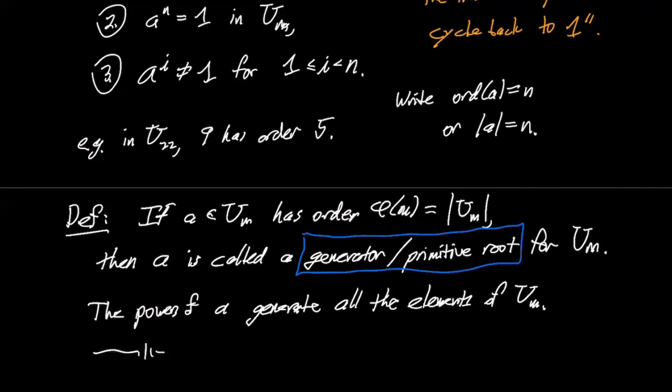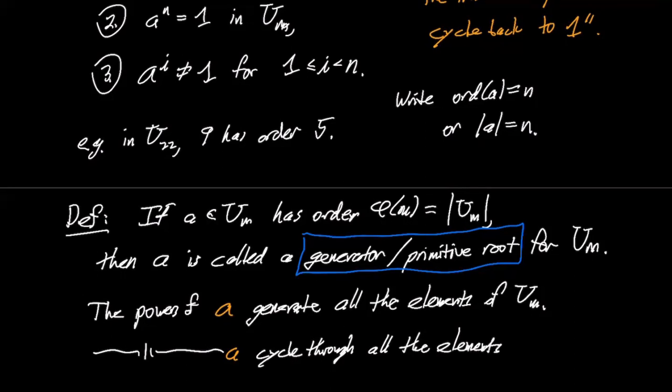The problem with using A is that it looks like the article A, not the variable A. So we could also say the powers of A cycle through all the elements of U sub M before returning to 1.